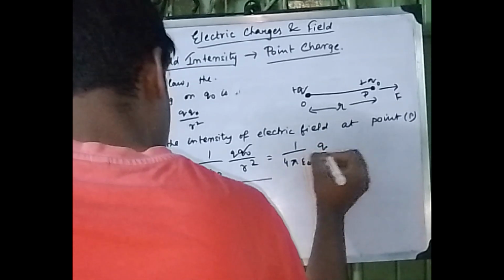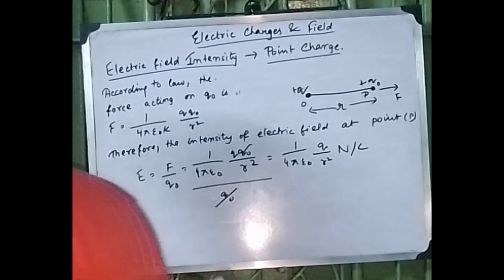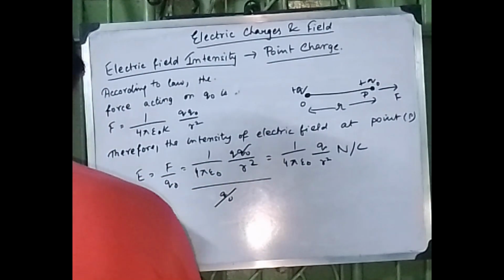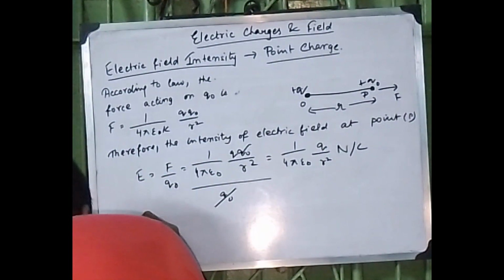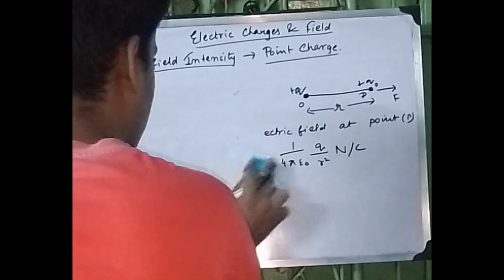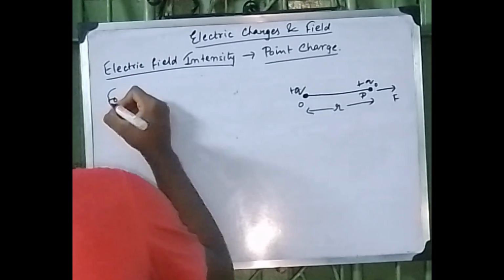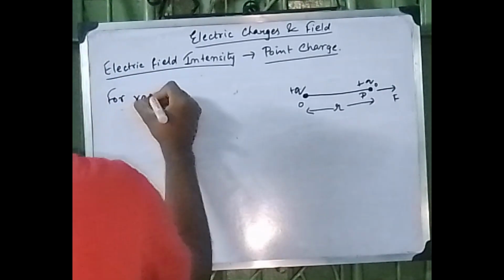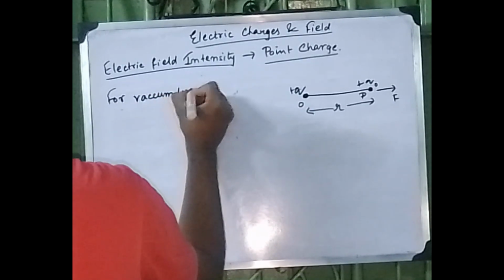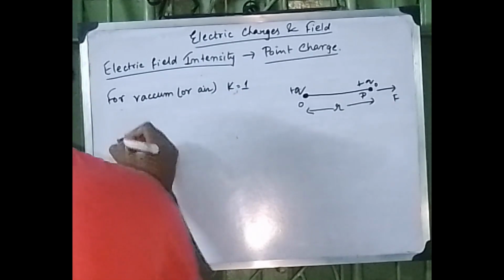Simplifying this, we get the result 1 by 4 pi epsilon naught Q by r square newton per coulomb. For vacuum or air, K will be 1.